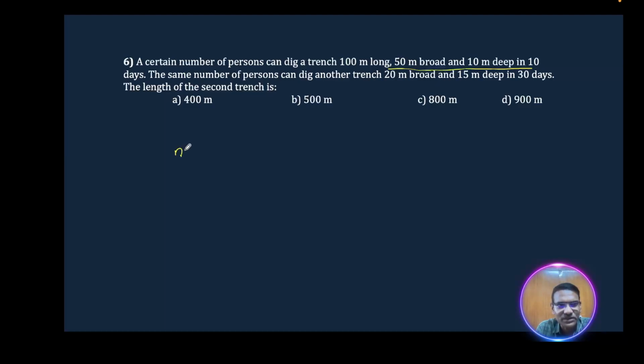N number of persons, certain number of persons can dig 100 meters long, 50 meters broad, 10 meters deep. Okay, this is a cuboid shaped trench. Digging that cuboid shaped trench is the work.